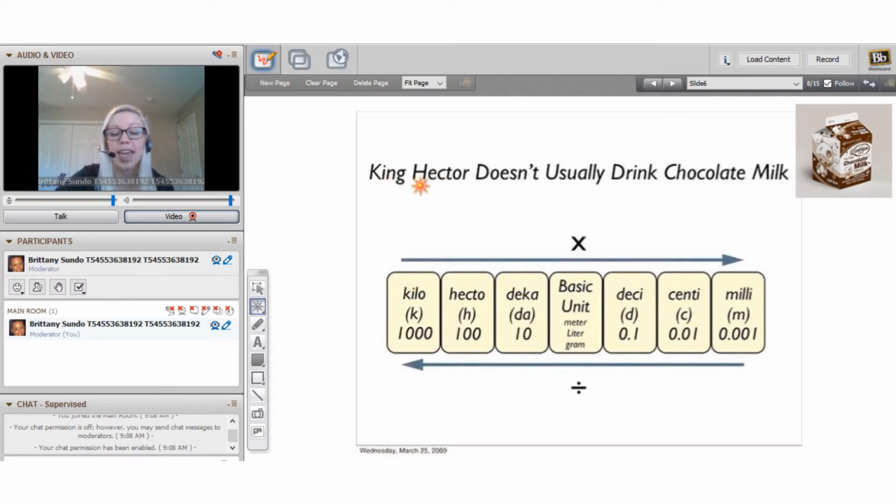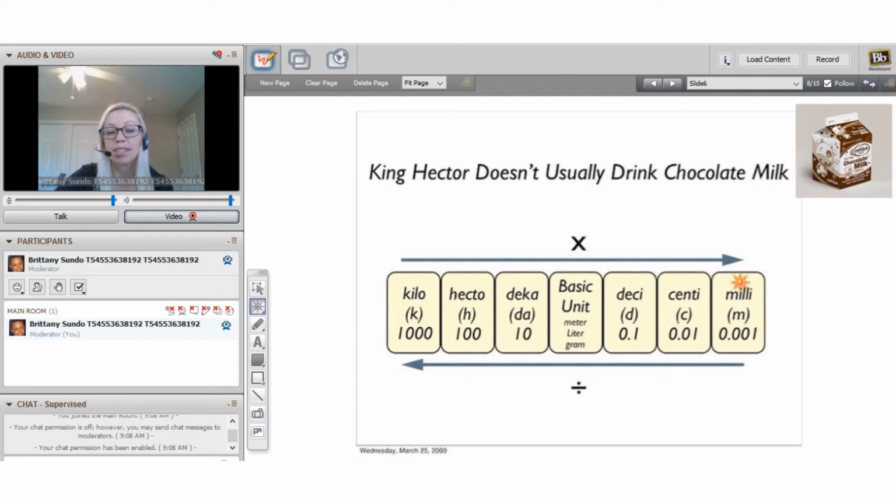Hector begins with H, so it stands for hecto. Doesn't begins with D, which stands for deca. Usually begins with U, and that stands for the unit part, the basic unit. Drink starts with D, which stands for deci. Chocolate starts with C, which stands for centi. And milk starts with M, which stands for milli.